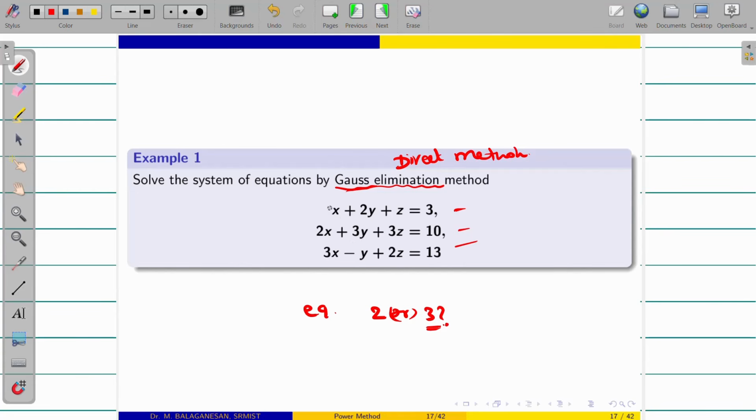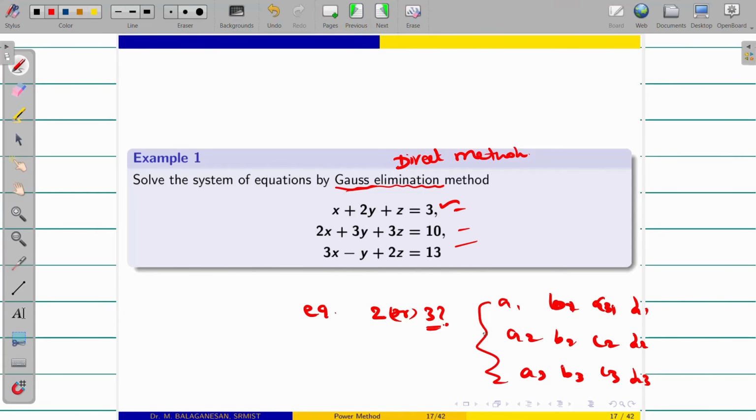Give the values: coefficients of x, y, z in the first equation a1, b1, c1, d1, and a2, b2, c2, d2, a3, b3, c3, d3. The constant value should be on the right hand side. If you press the equal button, you can get the x value, y value, z value, which you obtained already. This is the way to do the cross check whether your answer is right or wrong.